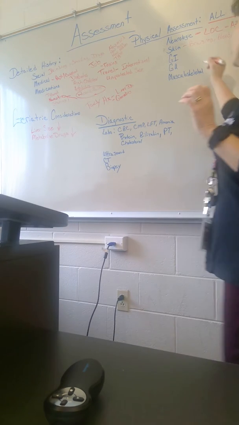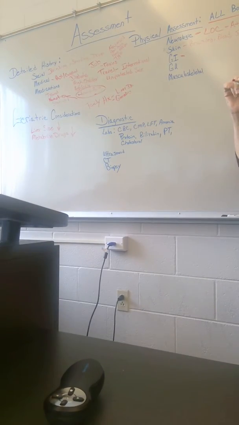All right, what about the GI system? What can we see with the GI system? Everything is kind of connected in there and it's not working the way it should. So what can we see?